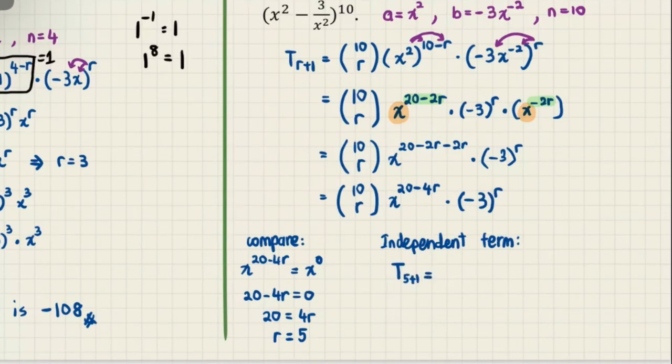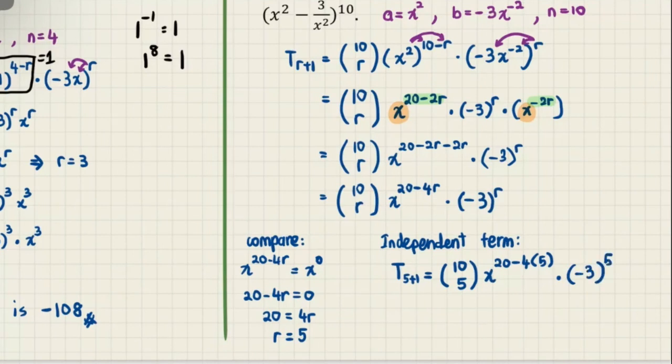So n, masukkan terus dalam simplify lah. Tak perlu nak masukkan dalam original, sebab kita dah simplify kan, teruskan je dekat simplify. So here it will be 10C r kita tadi adalah 5, x kuasa 20 tolak 4 darabkan dengan 5 darab dengan negative 3 to the power of 5.